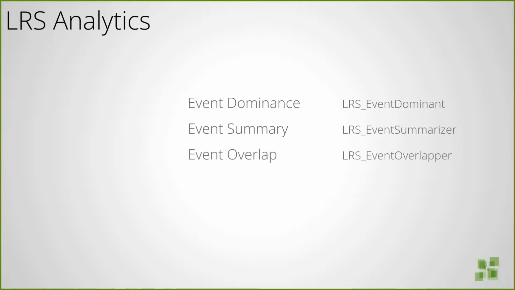And event overlap, I put into analytics so that we know, hey, I have an event over here, I would like to know what events I'm overlapping with. This could be I have a shoulder type or a pavement type overlaying an AADT value so that we can see the relationship of that in a tabular form.